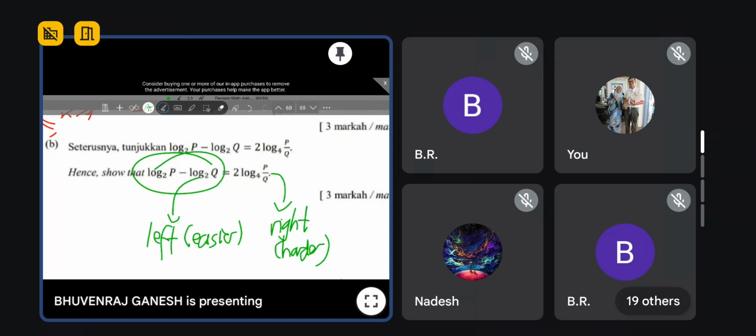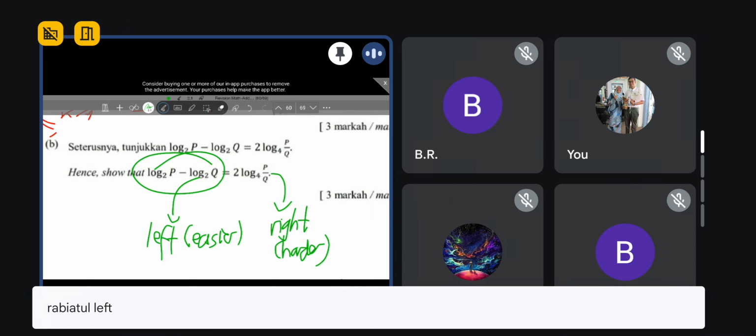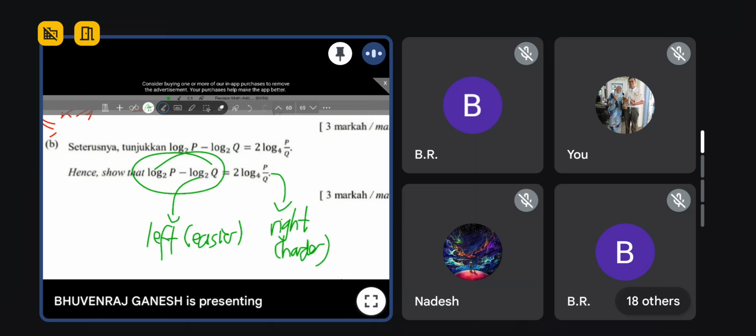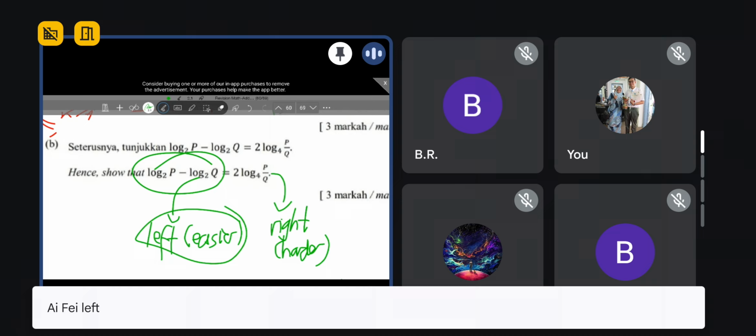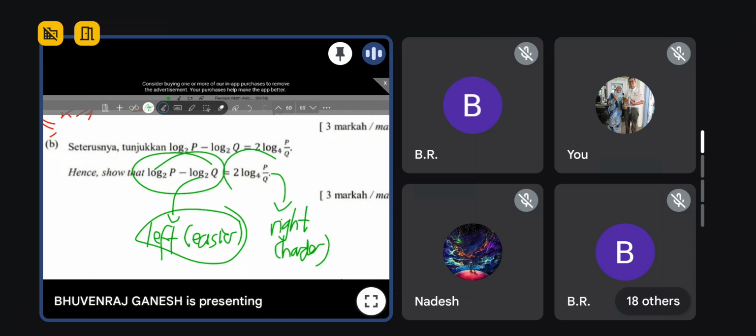Left or right? I don't know what complex mean to you lah, but to me, I feel that left hand side look more complex compared to right hand side. Okay, that's why saya mula dari left hand side dulu. Okay, can you guys understand? But if you start with right hand side pun boleh dan kamu pergi untuk buktikan yang ni. Also can. Dua-dua pun betul.